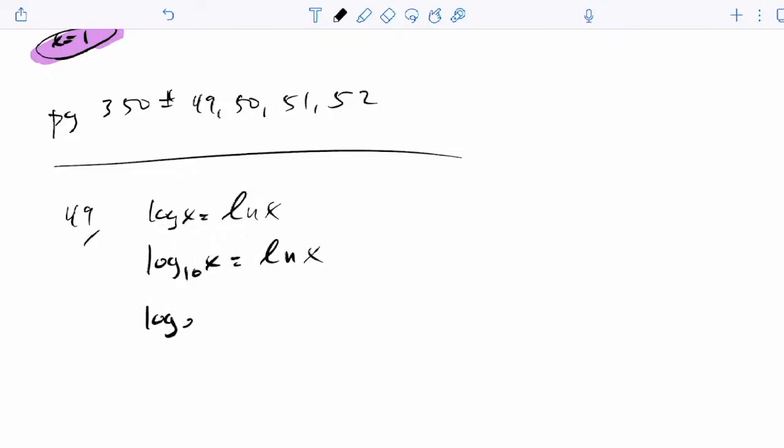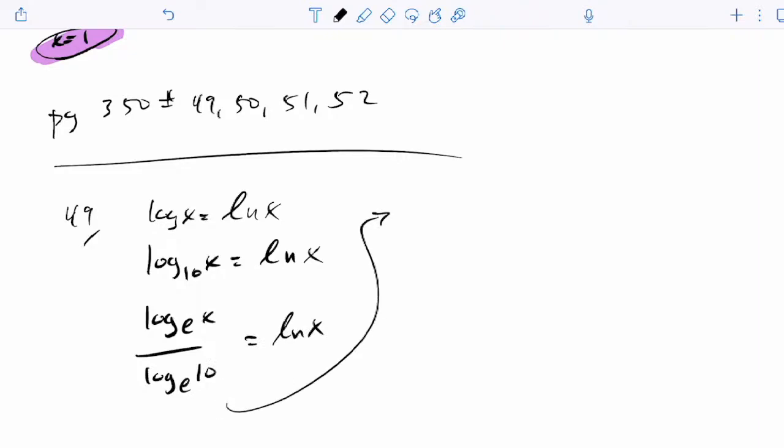I would change this to log base e of x over log base e of 10. So this is just ln of x over ln of 10 equals ln of x. I think that's probably the easiest way.